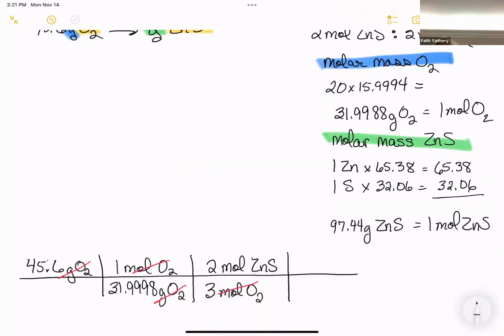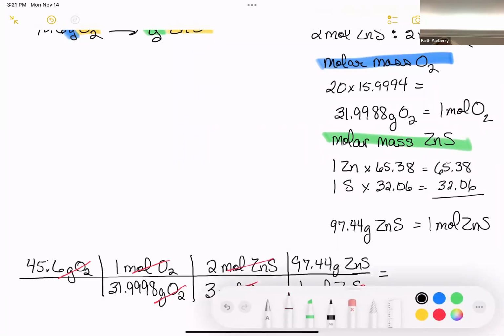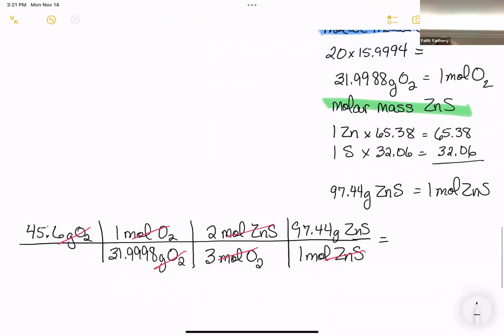Now we can convert that into grams of zinc sulfide by using its molar mass. 1 mole of zinc sulfide is 97.44 grams, with the mole portion needing to go in the denominator so that it would cancel out. And you're left with the mass of zinc sulfide. Keying this into the calculator.